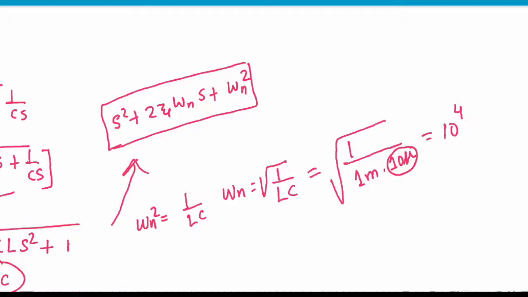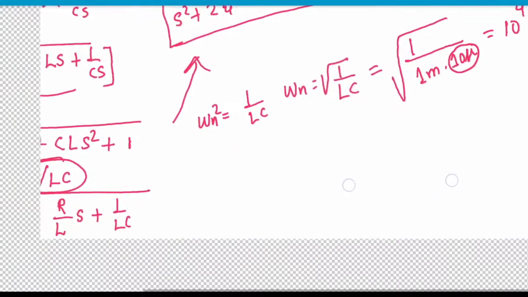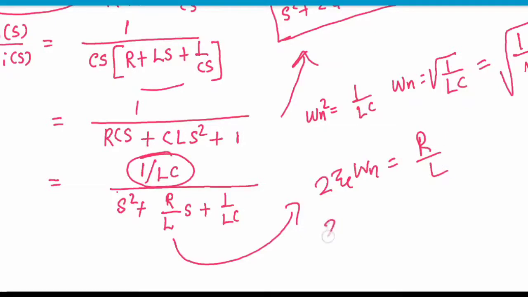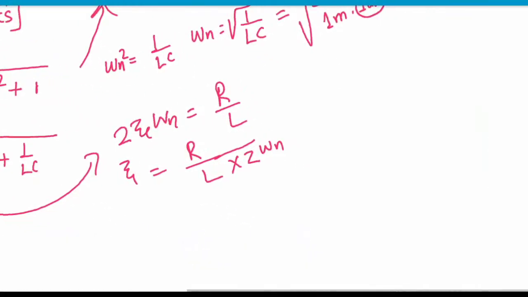This is omega n. And now from this, 2 zeta omega n is equal to R by L. So zeta will be R by L by 2 omega n. R is 10 ohm given.